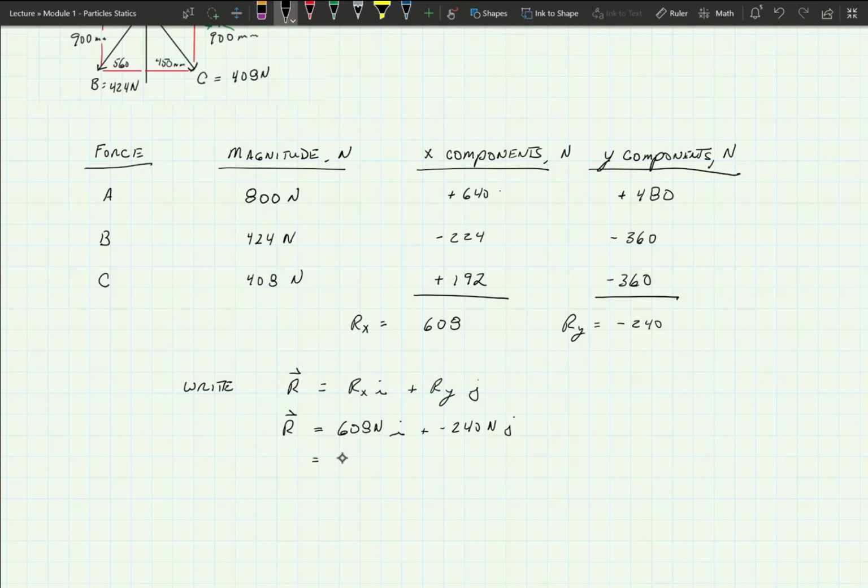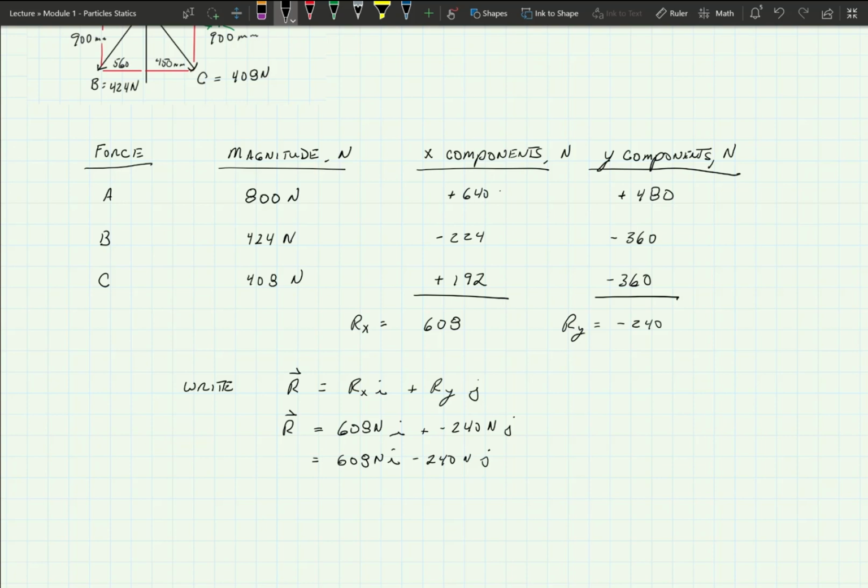Now, you could skip the second step here, but my advice is this. I spent a lot of time in my bachelor's degree chasing around negative signs for no apparent reason because I'd lose track of them. So to me, it's always better to keep track of them and know where they are before you do something horrible that you regret later. Okay, so that is the vector R with its components, and that'll define that.